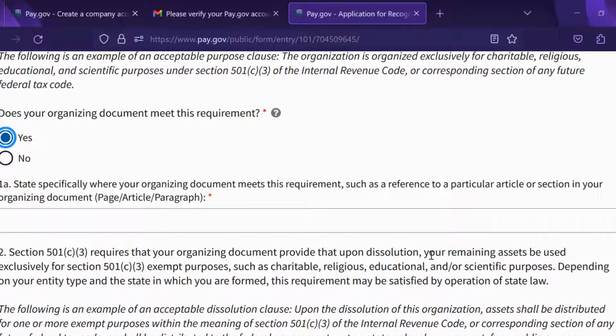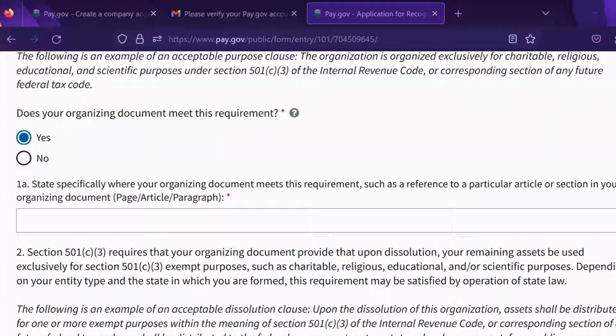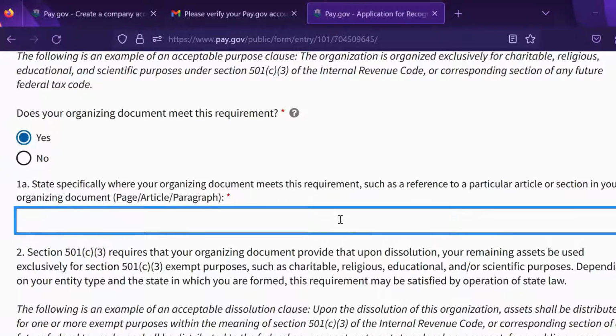One second, we are going to be right back. And the purpose statement on Jane's articles is located on page 1.